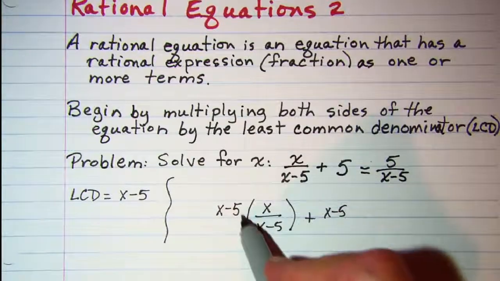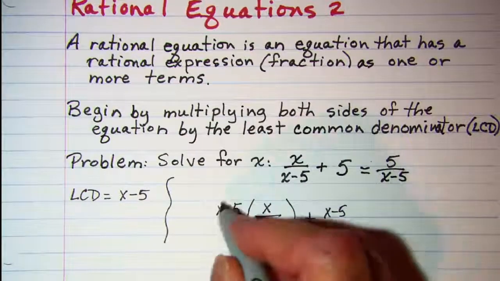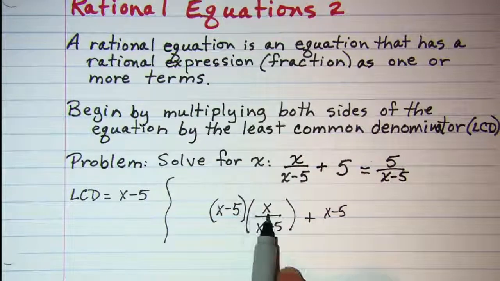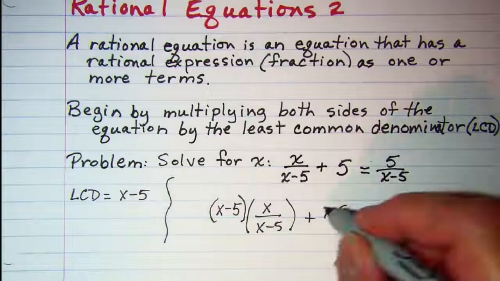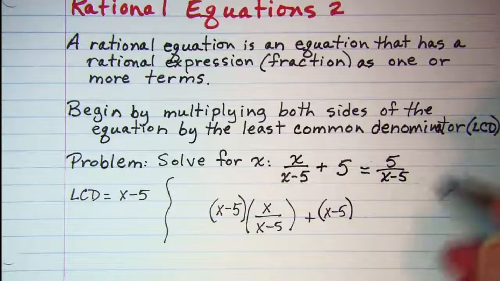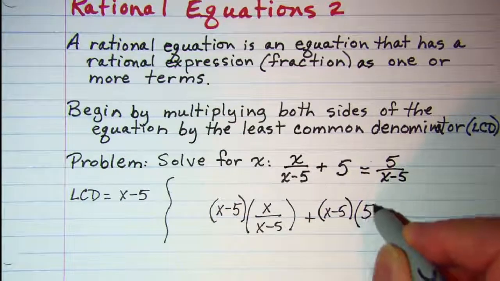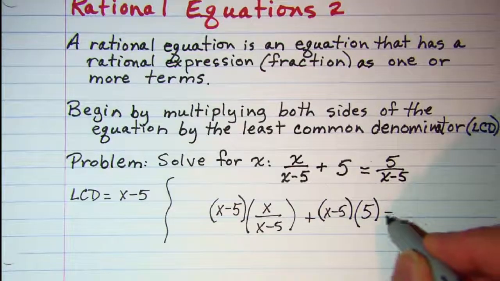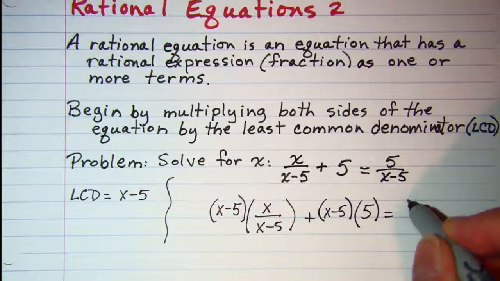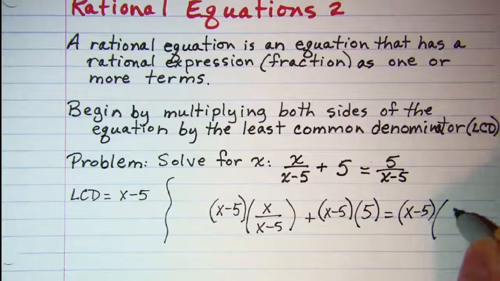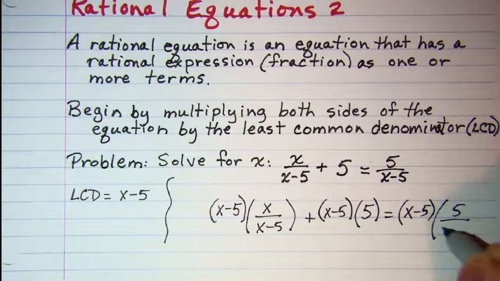And I really should have parentheses around this because if I don't, it would just be 5 multiplied by that. So yes, I do need parentheses here. And then multiplying that by 5, and then equals x minus 5 multiplied by 5 over x minus 5.